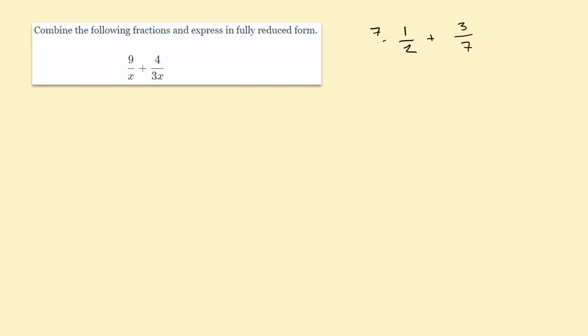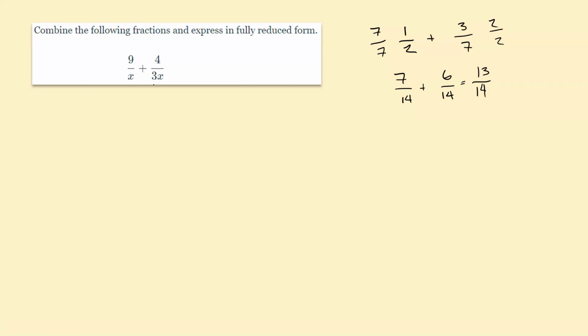So we would multiply this fraction by 7 over 7 to get 14, and this fraction by 2 over 2. So we get 7 over 14 plus 6 over 14. And then we can add them together. It becomes 13 over 14.